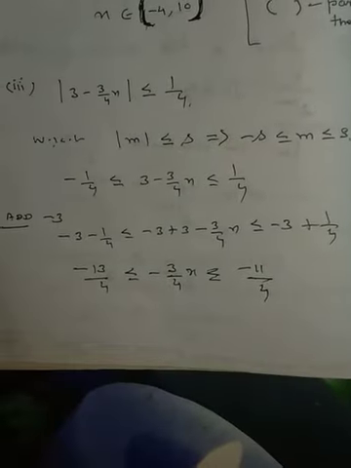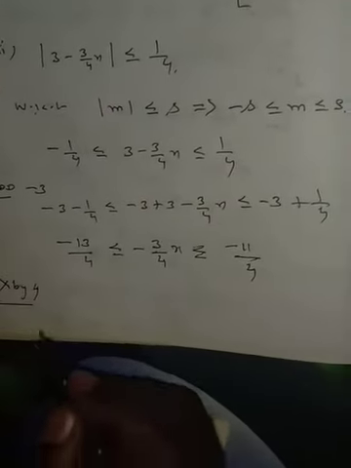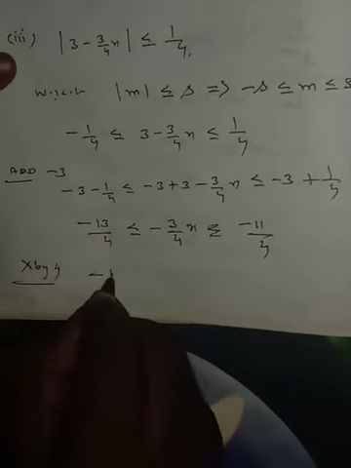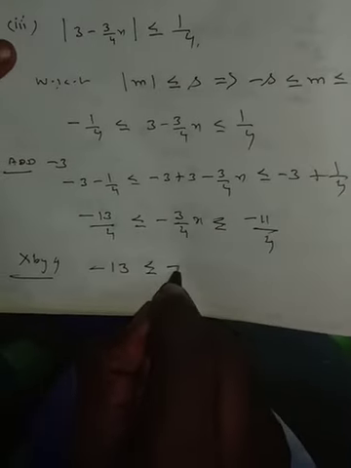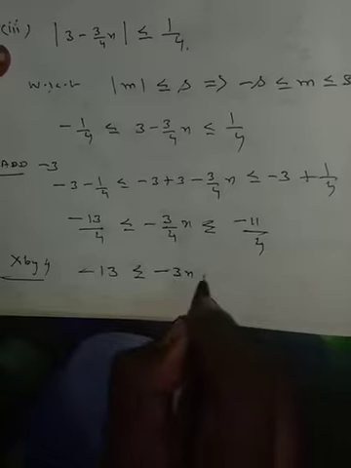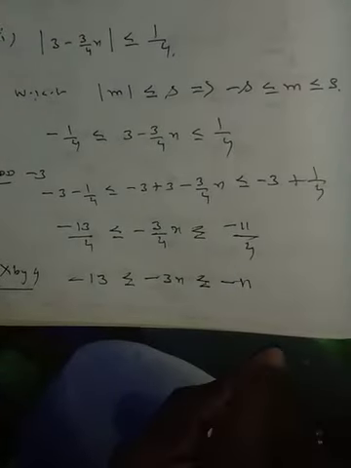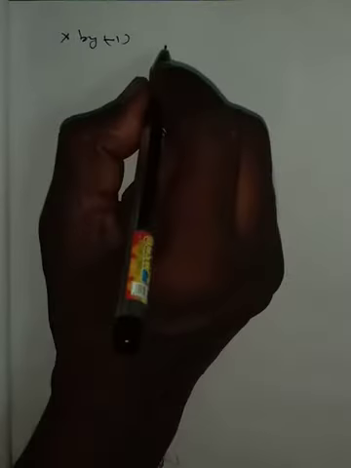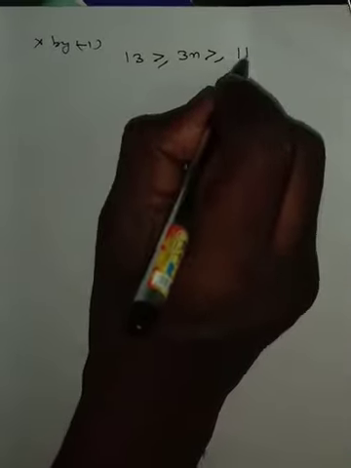Next, multiply by 4. We have minus 13 less than or equal to minus 3x less than or equal to minus 11. We have 13 greater than or equal to 3x greater than or equal to 11.